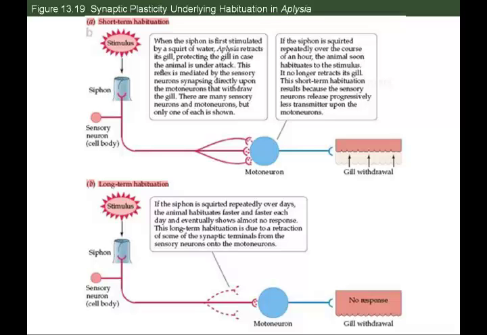Okay? Now, with time, as you keep doing that, there's going to be less neurotransmitter released on the motor neuron. With long-term habituation, you see here you have 3 synapses, 1, 2, 3? What you have here is these ones go away. You have fewer synapses and you only have 1. Okay? That's long-term habituation.